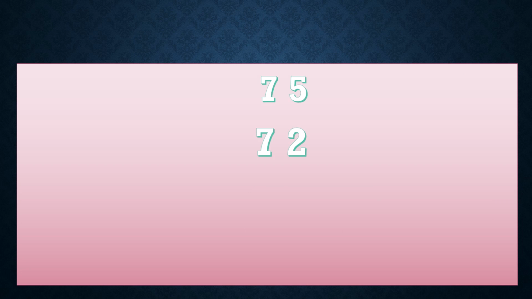Now, if 75 and 72 are two numbers, and we take 70 as a base, then if we add 5 to the 70, we get 75, and adding 2 to the 70, we get 72. These are the unit values. Now, we multiply 5 into 2 and we get 10.